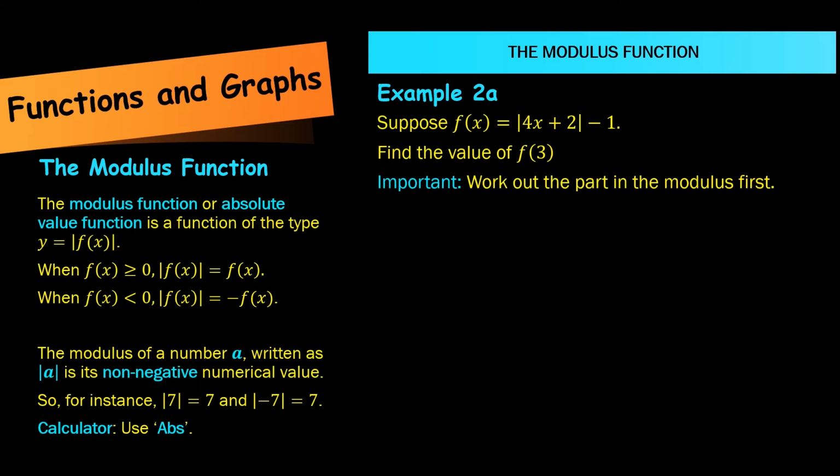So let's solve part A first. We are required to find the value of f of 3. So let's plug in x equals 3 into f of x, as shown here.